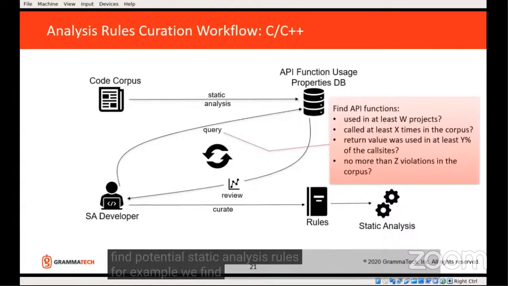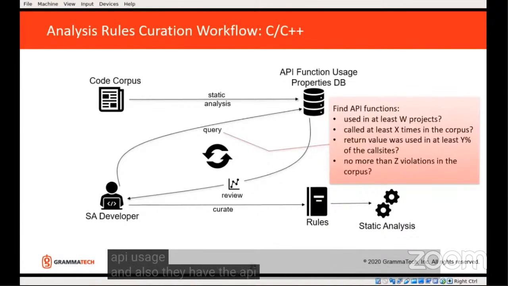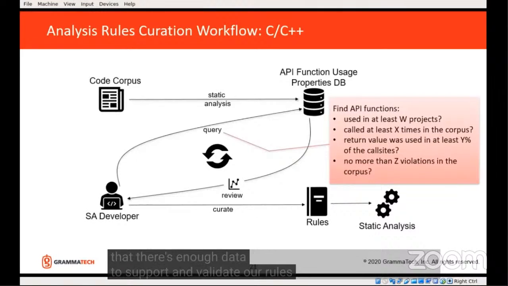For example, we find all the API functions that are used in at least some number of projects, so that there's enough diversity in the API usage. And also the API function is called at least some minimum number of times, so that there's enough data to support and validate our rules.